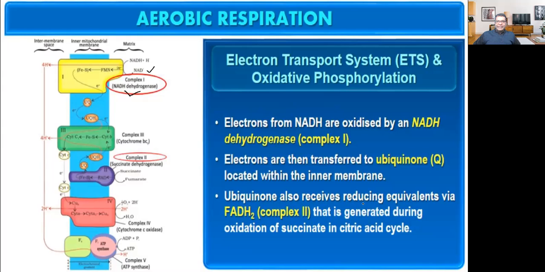Ubiquinone also receives reducing equivalents via FADH. UQ stands for ubiquinone. This ubiquinone receives electrons and gets reduced. It also receives reducing equivalents via FADH, so the FADH molecule will enter the transport system over here.